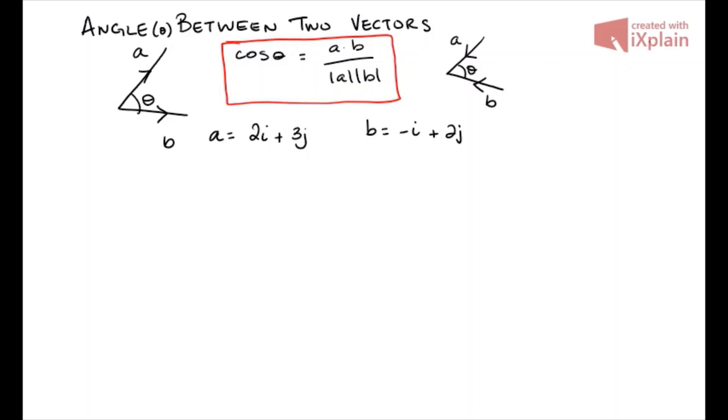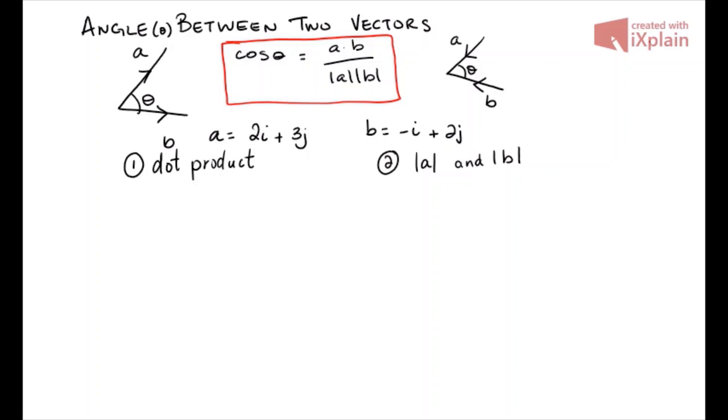And we are asked to find the angle between A and B. So for us to do this, our formula requires two things. The first thing is the dot product, and the second thing is the magnitude of A and the magnitude of B. So let's do the dot product first.